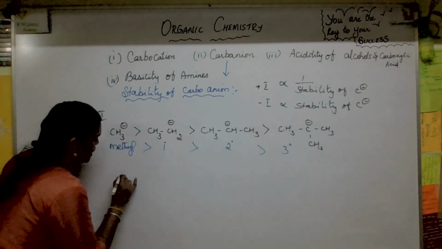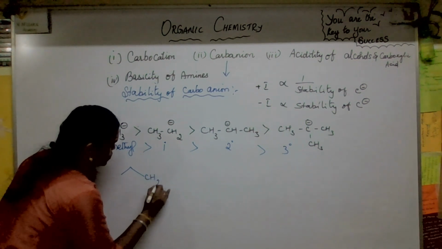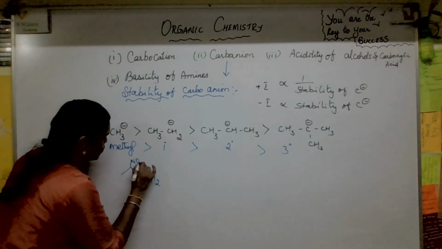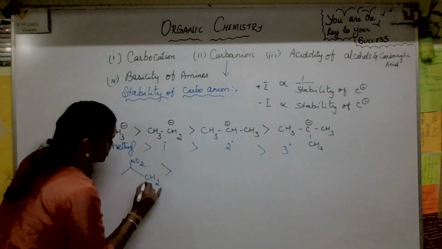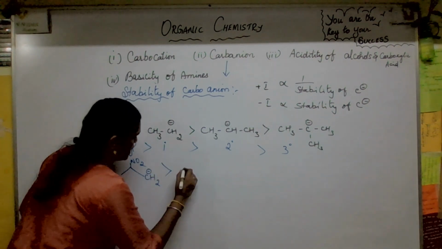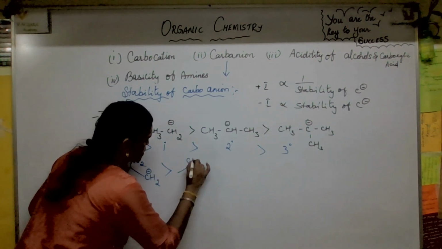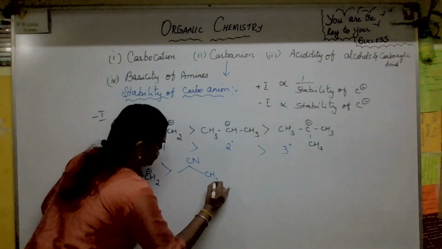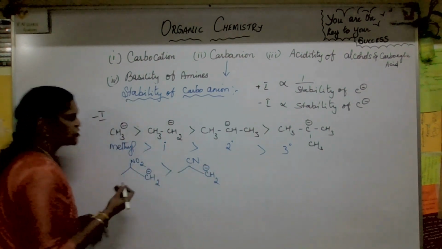Now some more ideas, we'll go for it. Here CH2 NO2, this also has a negative charge and that is greater than the cyanide group, CH2 CN. Please note down all this, it's common.